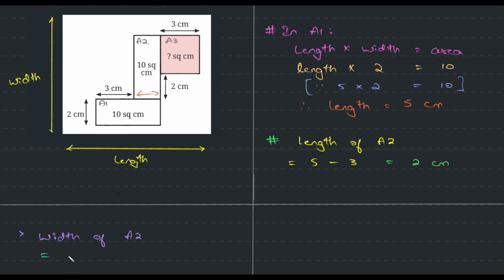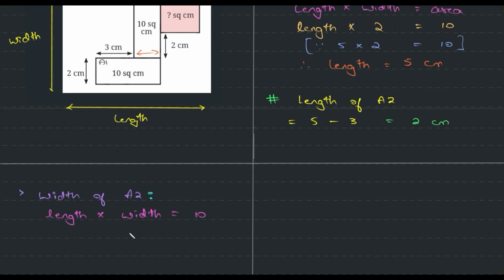So width is, again, how do we figure it out? For this, again, we'll make use of length into width. In this case, the area is again equal to 10. So length we know, this is 2. Width we don't know, which is equal to, actually, let me write this as area.